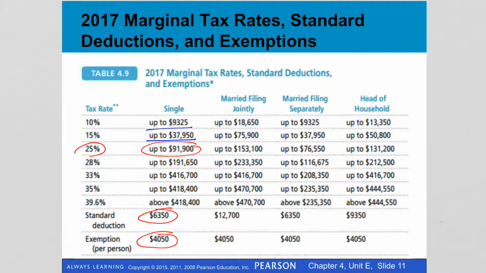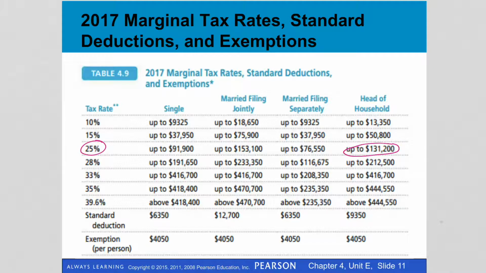Going back to the table, he's head of household with 2 kids, and he makes up to $90,000, or between 50,800 and 131,200. So he's also in the 25% bracket.